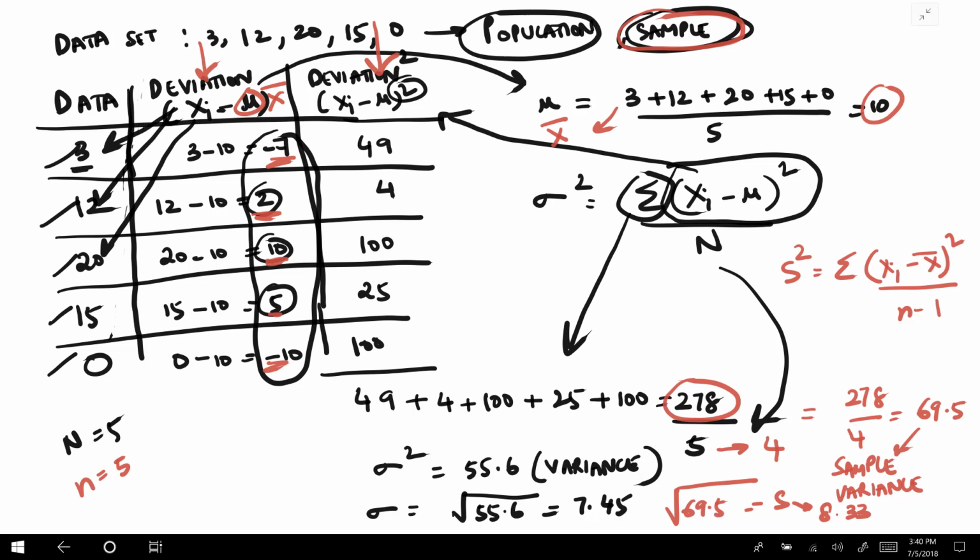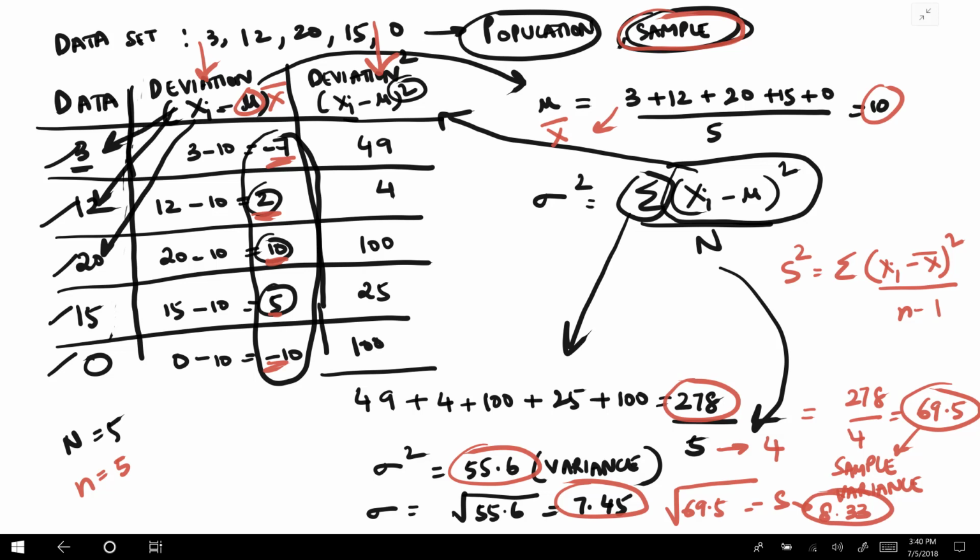So if we observe population variance, which is 55.6, and sample variance, which is 69.5, we see sample variance is larger. Similarly, standard deviation is 7.45 for population, and for sample it's 8.33. So we see sample standard deviation is higher.